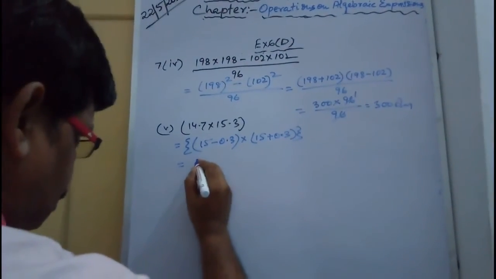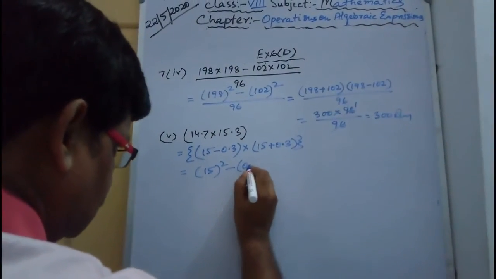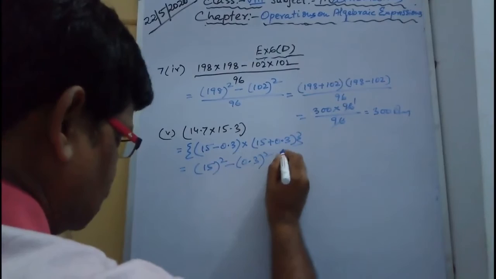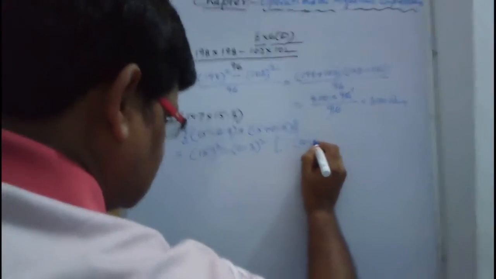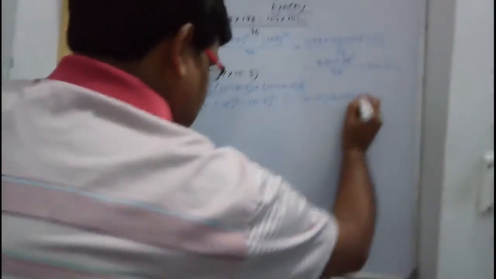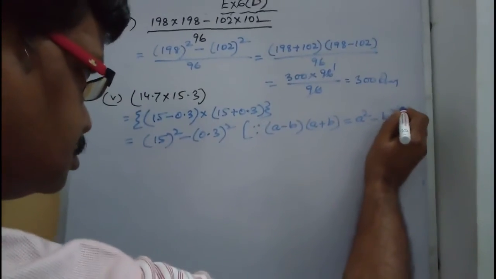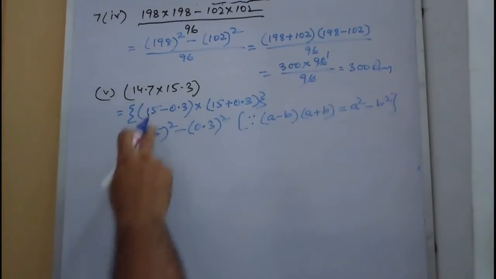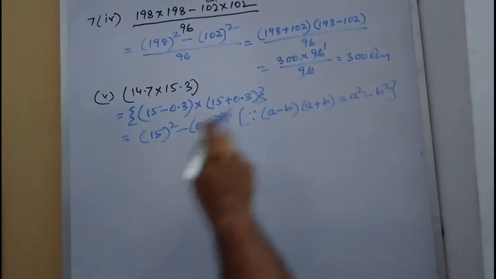So this one, 15 square minus 0.3 square, (a minus b)(a plus b) equal to a square minus b square. So by using that one, 15 square minus 0.3 square.